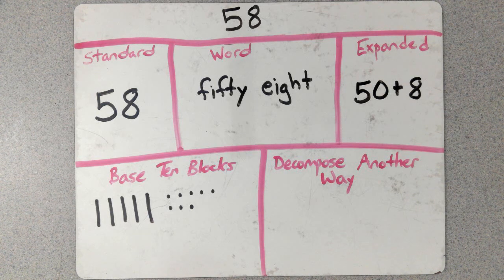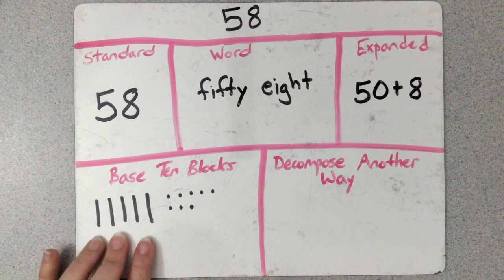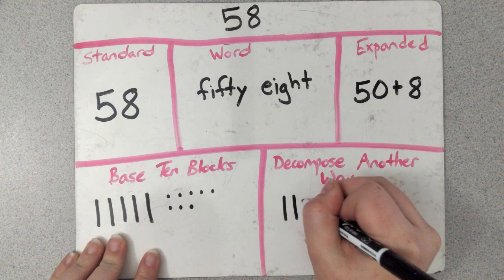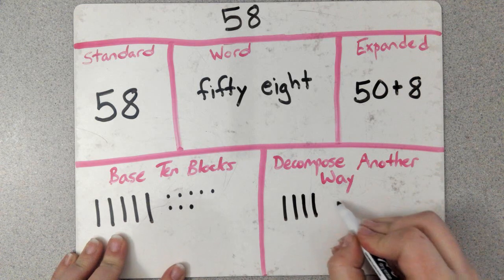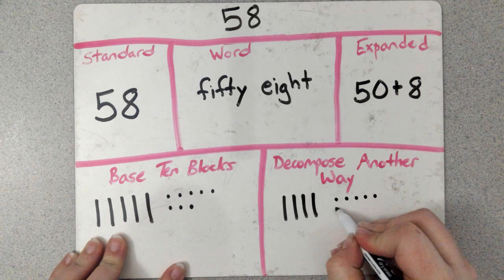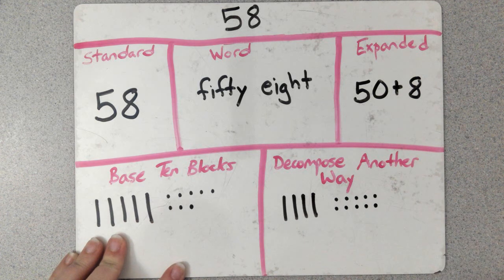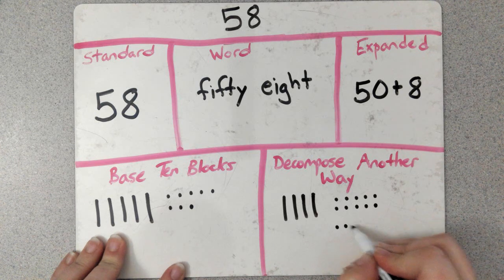So the first thing we'll always show them is just to take one group of 10 away and break it or decompose it down into 10 ones. So instead of 5 groups of 10, I would do 4, so 40, and then make sure I have a group of 10, 50, and then add 8 more.